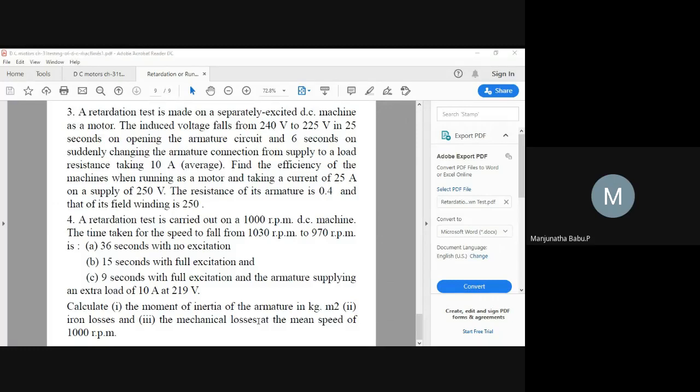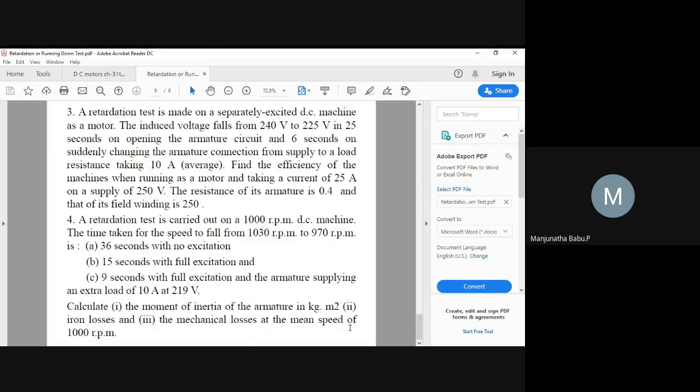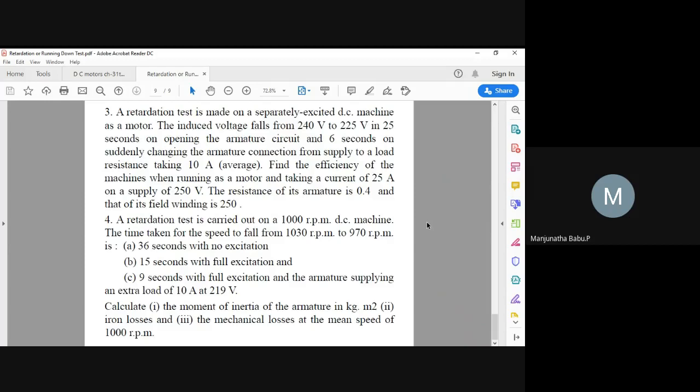How much are you getting? 1916 watts? Are you getting 1916 watts?